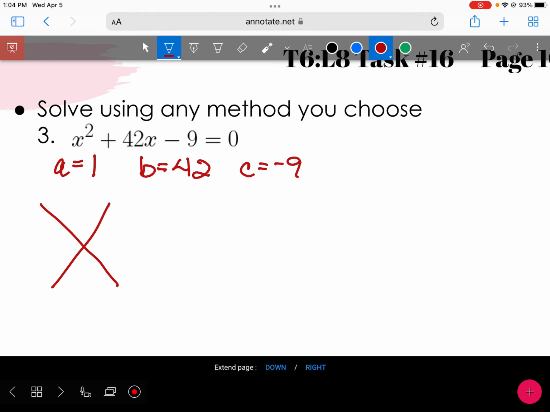So, hey, we need everybody to contribute, right? A times C goes at the top of the X. B goes at the bottom. So 1 times -9 is -9. B is 42. So what does this mean? I need factors of -9 that add up to 42.